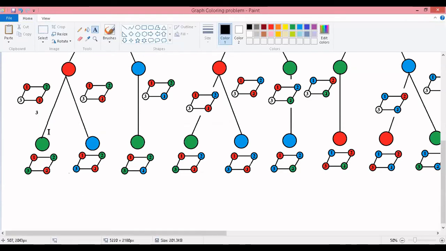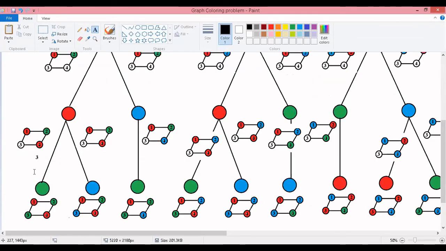Why I am telling 3 is, if you see clearly here, this green color has to be colored with this red color. Here a red color is there, here a green color is there. Suppose you have already colored this with green, but how? Comparing this particular node with the previous node, but for how many times? 3 times. Why? Because 3 colors are there.